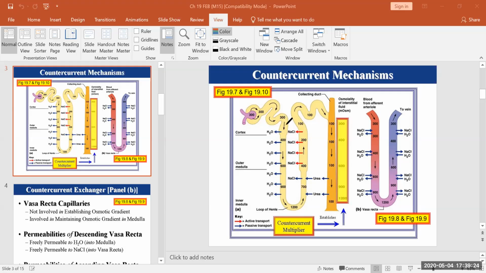So this is at the beginning of the loop of Henle. This is the descending limb of the loop of Henle, because the renal filtrate is going down from the renal cortex and moves into the renal medulla. So again here, this is your renal cortex, and this is your renal medulla.